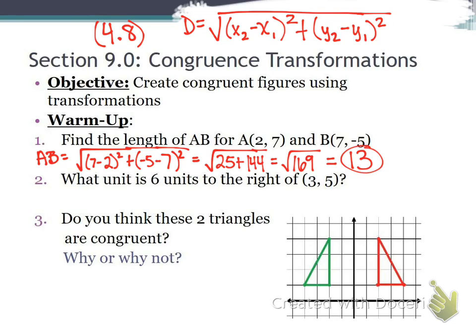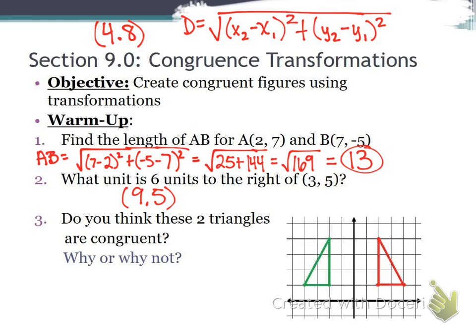What point is 6 units to the right of (3, 5)? That would be (9, 5). Good. (9, 5) is going to be 6 units to the right of (3, 5).